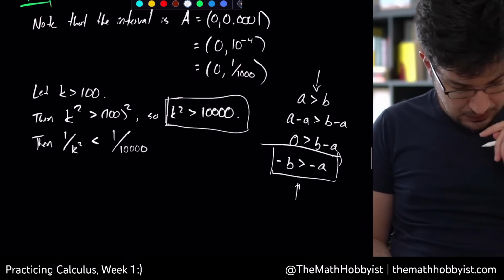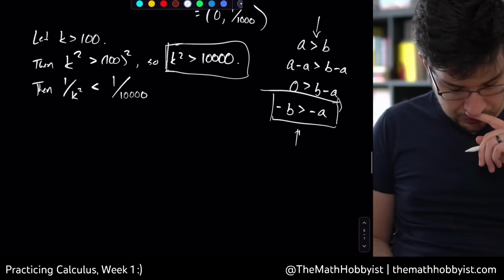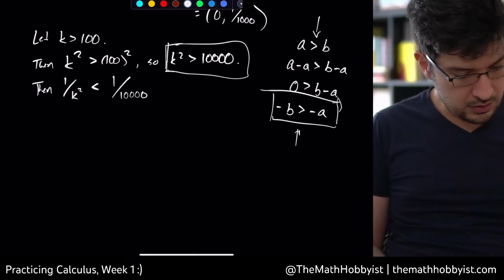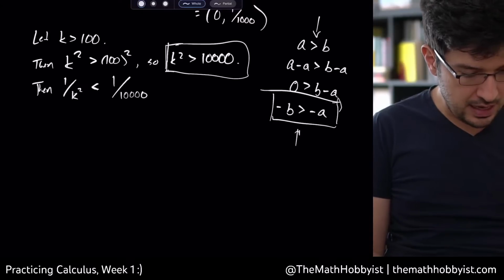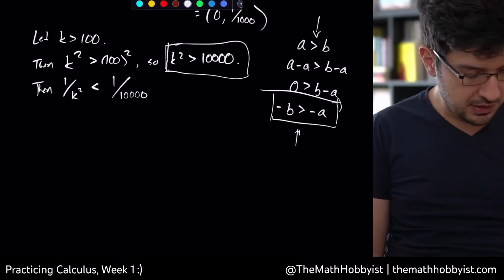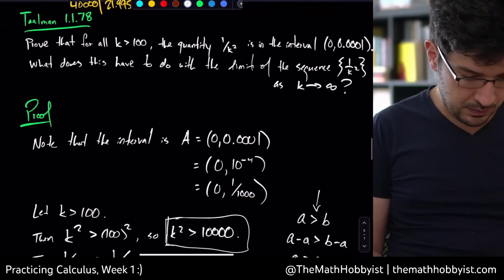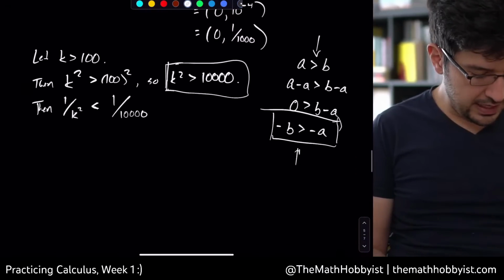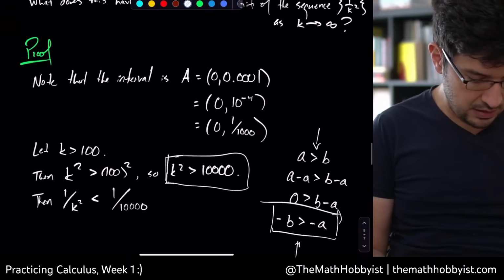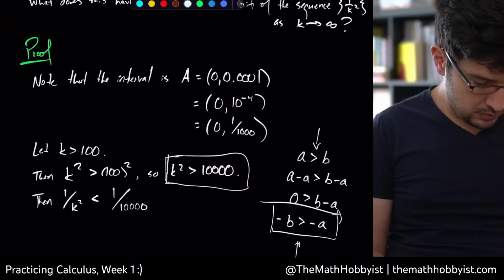How do you see that for multiplying by the inverse? I don't know, but I'm going to take that as a given. And that's what we wanted to prove. So 1 over k squared is less than 10,000. Oh, wait.